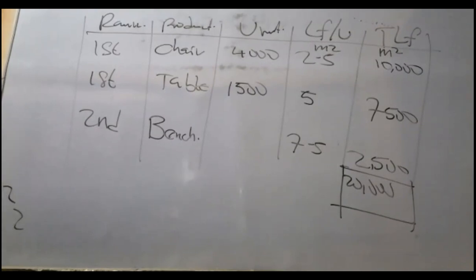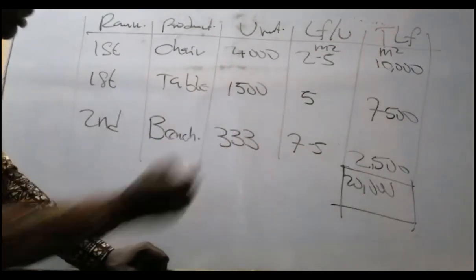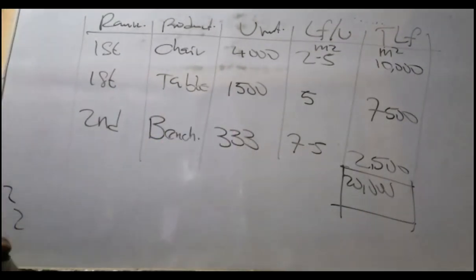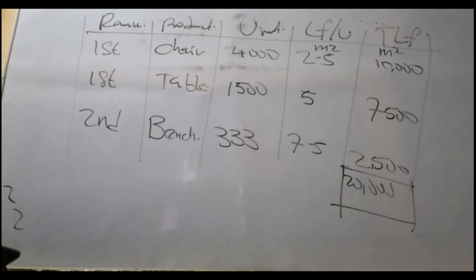It can produce what? 333 units. Good. To the nearest whole number. 333 units. And then you are done. So this is the end of the first section.